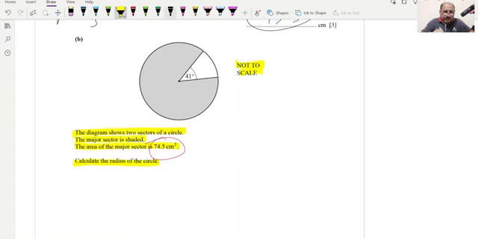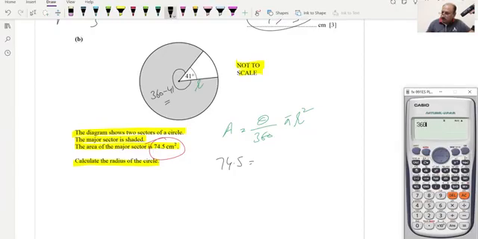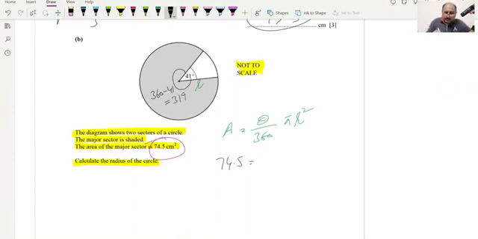Now we can apply the area of a sector formula. We know area of sector is equal to theta over 360 into pi r squared, and this r value we don't know. So area is given, and we can replace the values. 74.5 is the area, and theta of the major sector is 360 minus 41. 360 minus 41 is equal to 319.